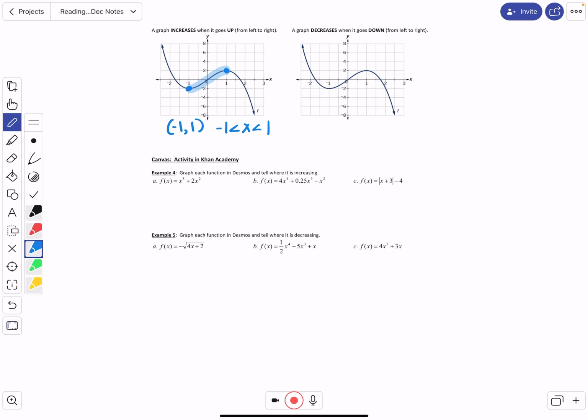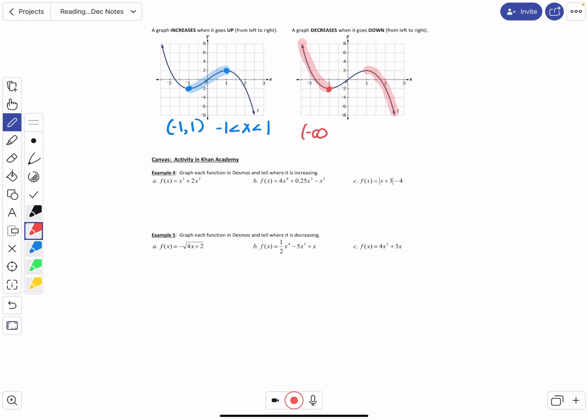Now, if we look at where it's decreasing, where it's going downhill. So this graph over here would be going downhill from here to here, and it's also going downhill from here to here. So this graph, it's got the arrow here. So basically that means that it's going to the left forever. So we would say on this one, it would be starting at -infinity.